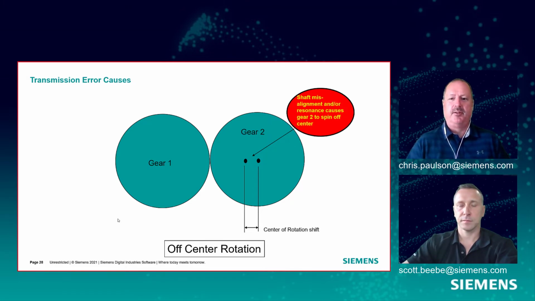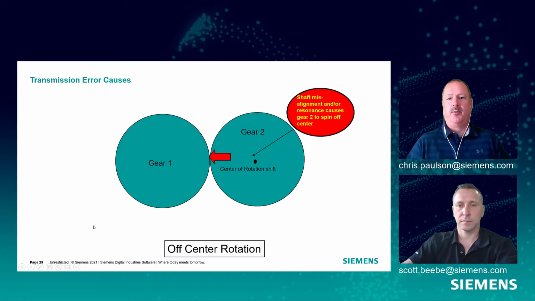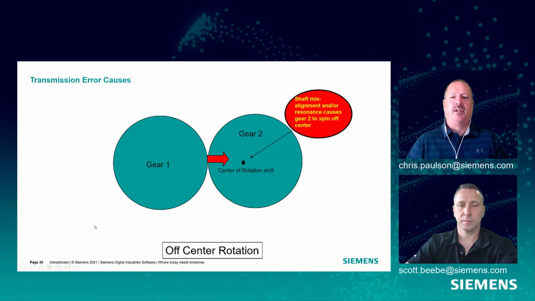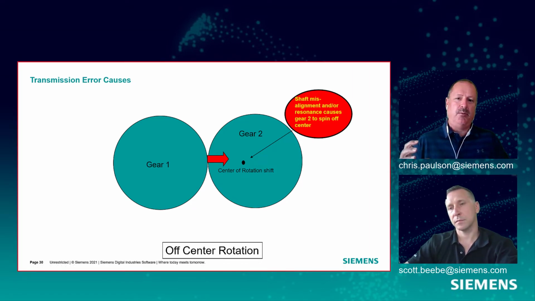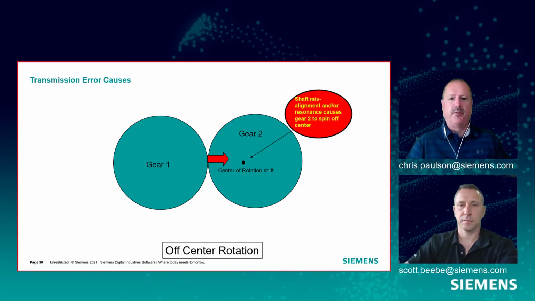Things have tolerance to them. So if we look at the case where we shift the center of rotation of gear 2, say bring it closer or farther away, that's what's going to happen each rotation as we go around. The gear teeth will be moved closer and then moved farther away with off-center rotation.